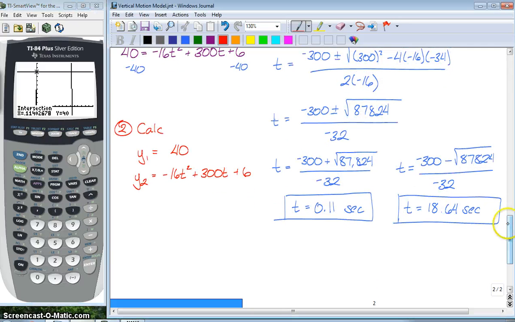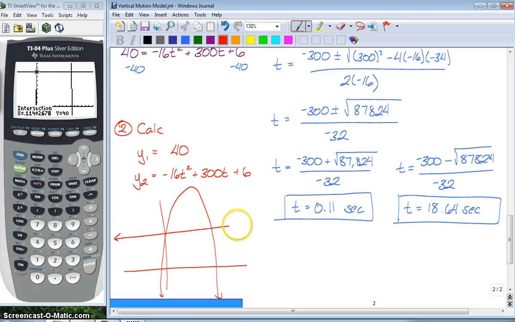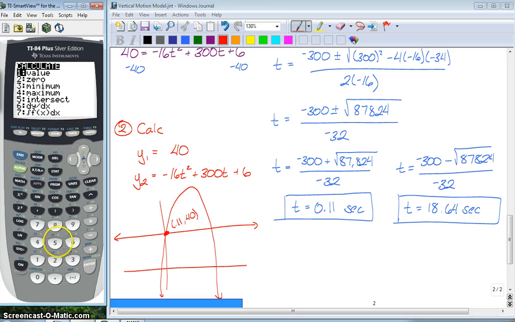So in my notes, I'm going to sketch my graph real quick. Here and here. Looks something like this. Doesn't have to be perfect. That's y equals 40. This first intersection point is at 0.11, comma 40. If I want to find the other intersection point, use second trace, 5.